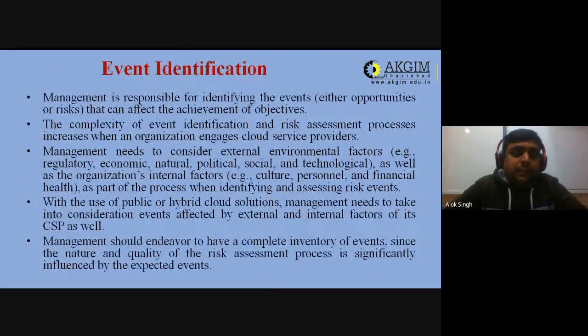Now the next step is event identification. Management is responsible for identifying the events, either opportunities or risks, that can affect the achievement of objectives. So you should identify what the various risk situations are, and the situations where such risks occur.